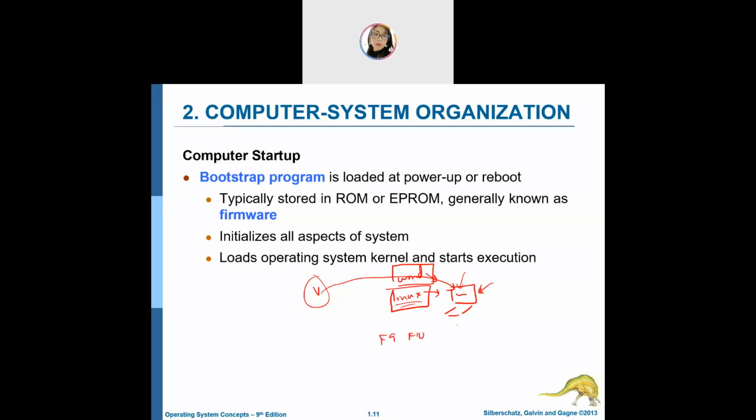Then you will have the screen to choose which operating system you want to start. So let's say this is Linux, so I need to point here that it will load Linux, not Windows. That happens. You can do it for now also, because sometimes virtual machine is quite heavy.